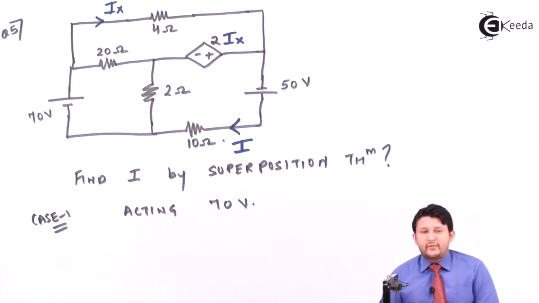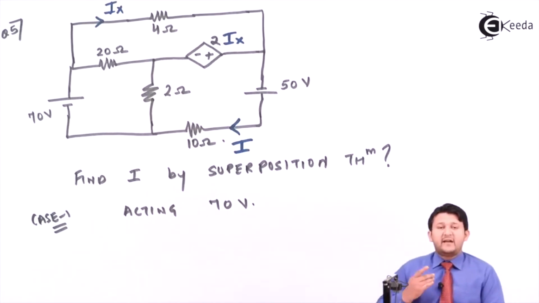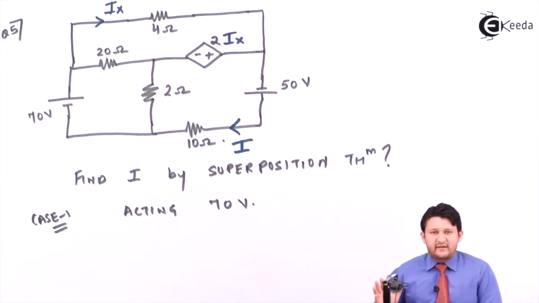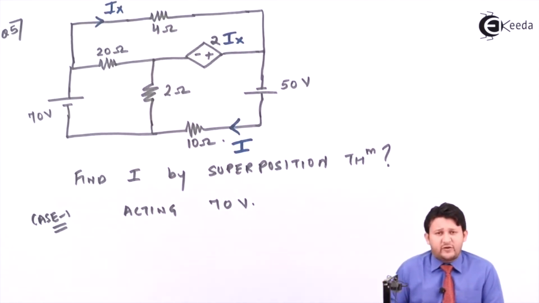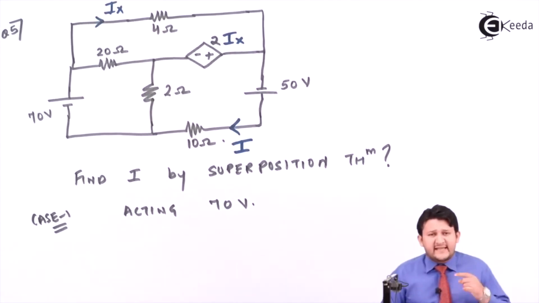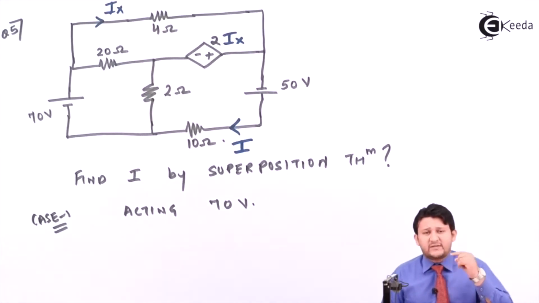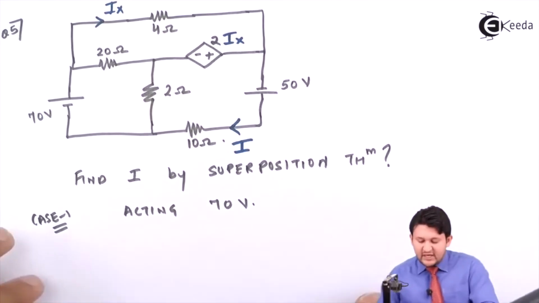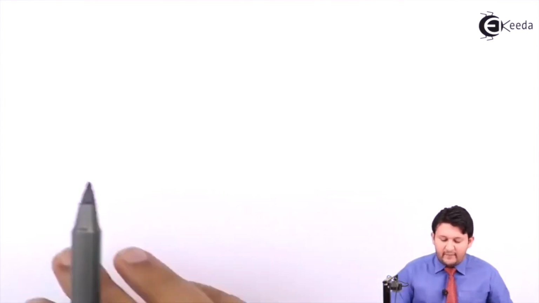When I say I need to remove a voltage source, I mean I need to replace my voltage source by its internal resistance. The internal resistance of a voltage source is 0, which means we need to short the voltage source. So your case 1 circuit will look in this format.